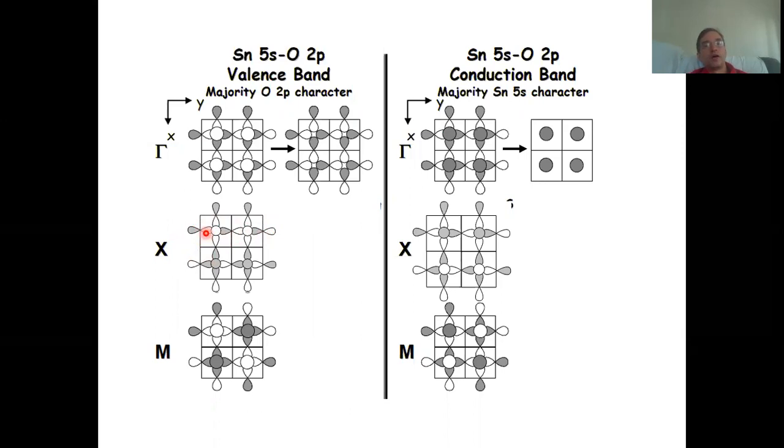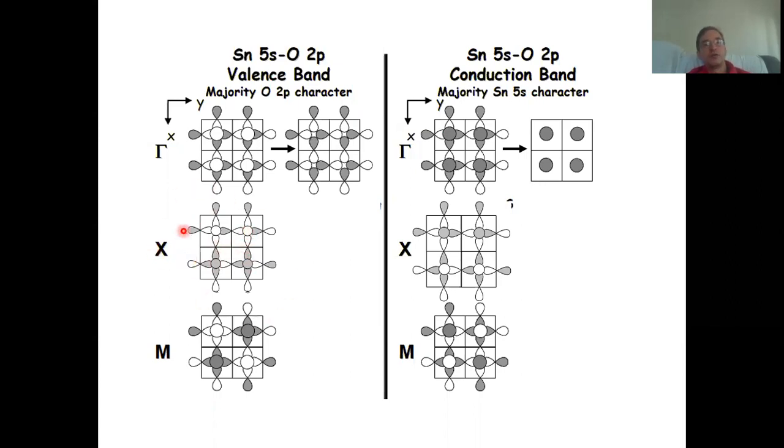Okay. Now the same we have to do also for the 5s orbitals of tin. You see the algebraic sign of this tin is not changed relative to the algebraic sign of this tin in y direction, but it is changed in x direction. Here relative to here, and here relative to over there. Okay, now let's think about what is the bonding situation that results.